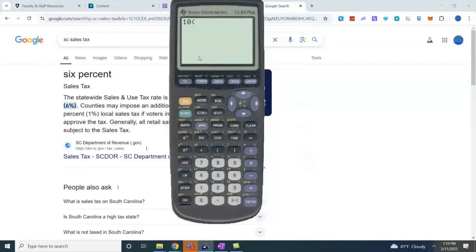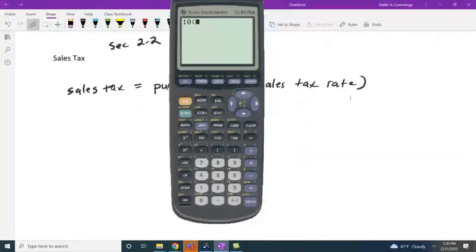Now, what is 6% as a decimal? You have to reverse the process. Let me write that down.